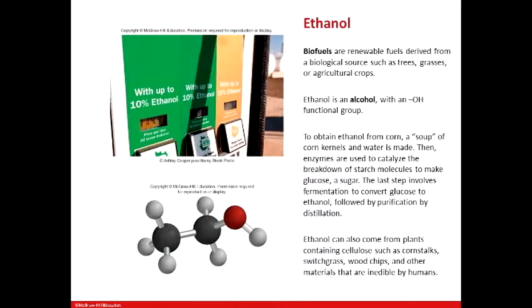You're distilling the moonshine. That's what's happening here, and that's ethanol fuel. Ethanol can also come from plants, corn starch, but you have to, again, get the biomass. So there are always consequences, and there's always a balance, regardless of what you use. There's balance in fossil fuels, there's a balance in biofuels.